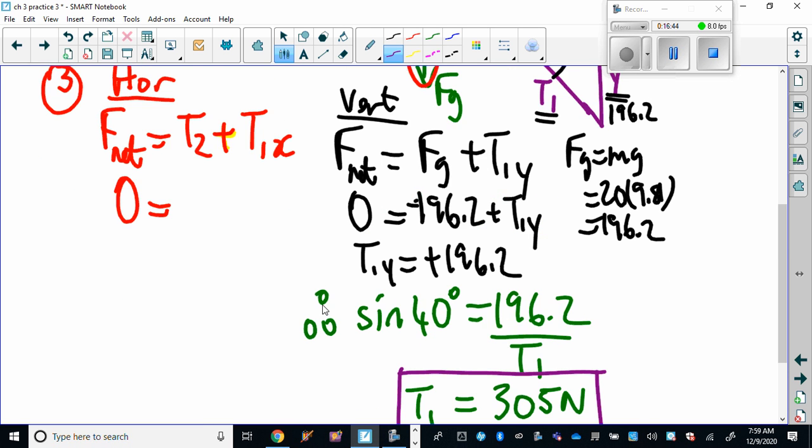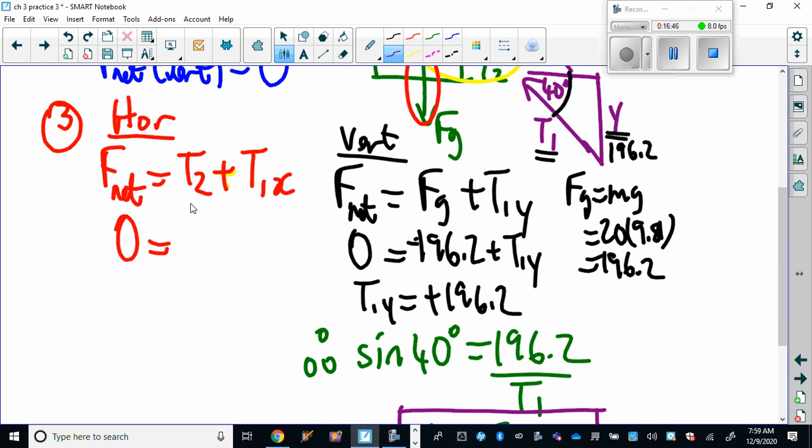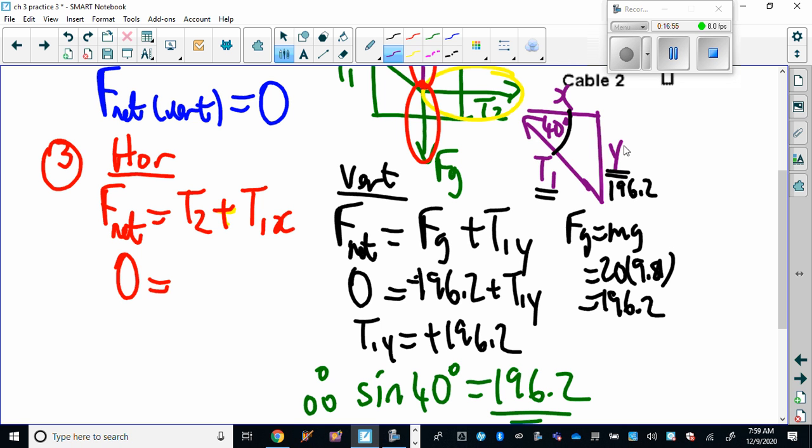To solve for T2, here it is. T2 is in the horizontal component, and we first need to solve for T1x. How can we do that? Well, again, we've got this triangle. We need to find this guy here, and we can use trigonometry to find that. You can use cosine if you want, but let's use tangent.